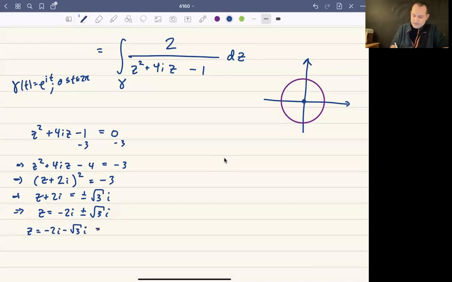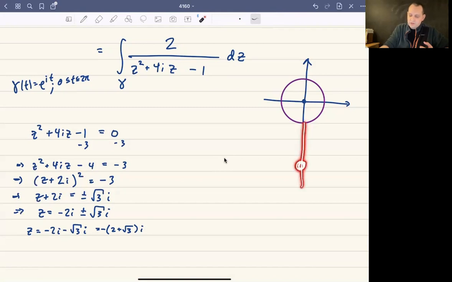This would be something like negative 3.5i, which is definitely outside of that circle, way outside. So at this point, we don't have to worry about it at all.